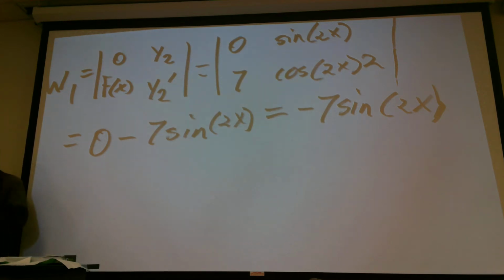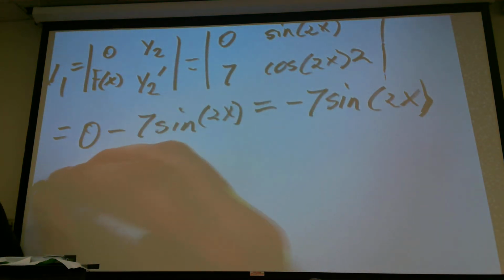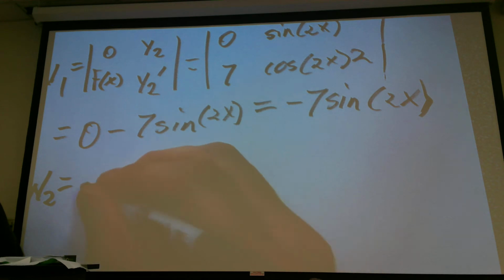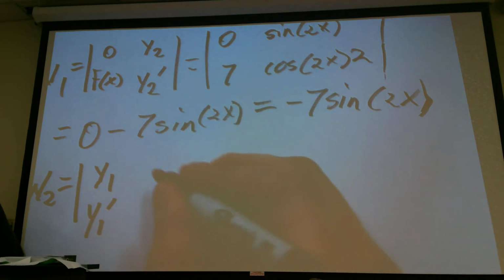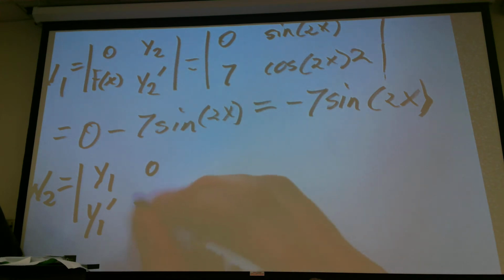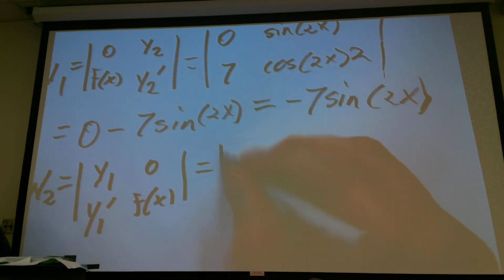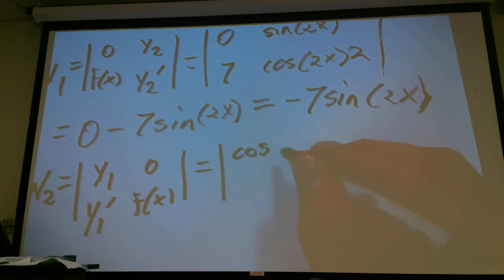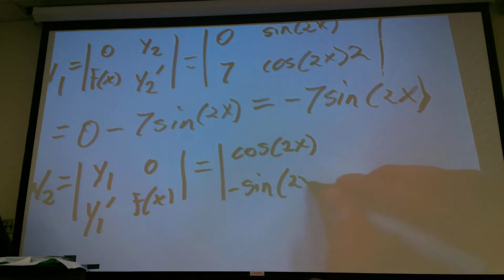So now we need to find W2. It has cosine of 2x, and the derivative of cosine is negative sine, so that's negative sine of 2x times 2, and 0 and 7.